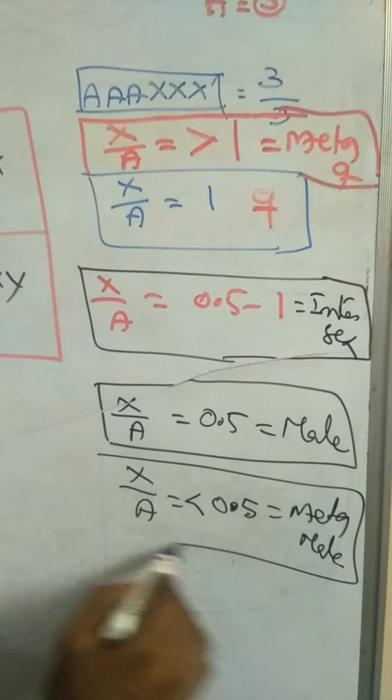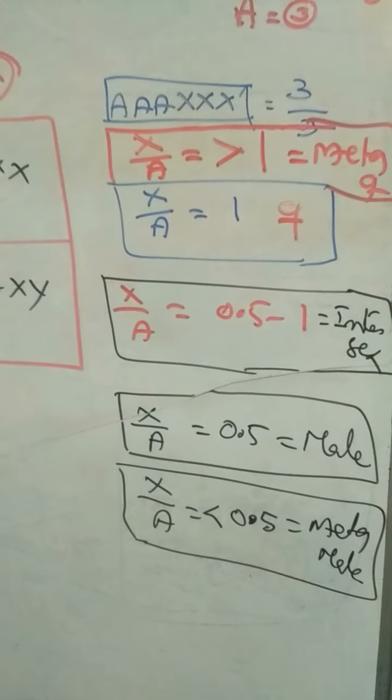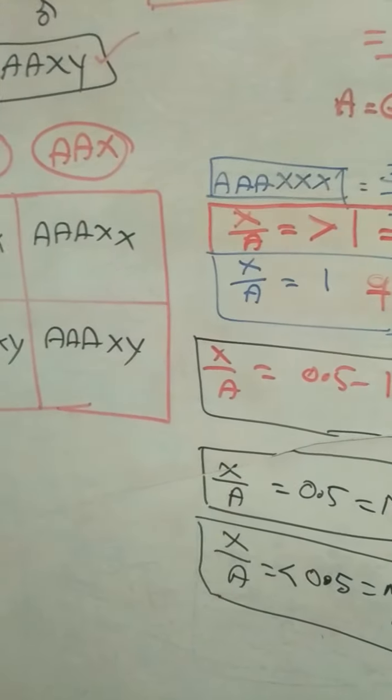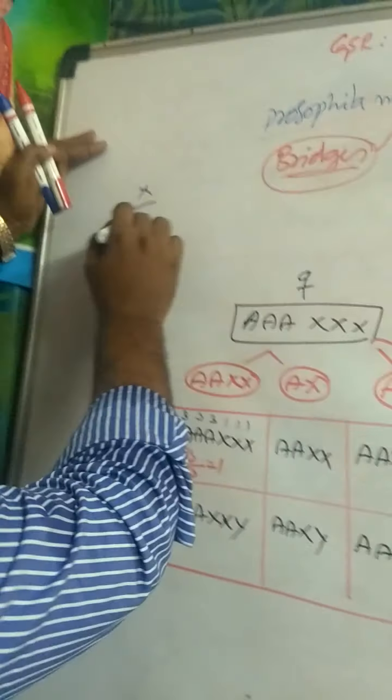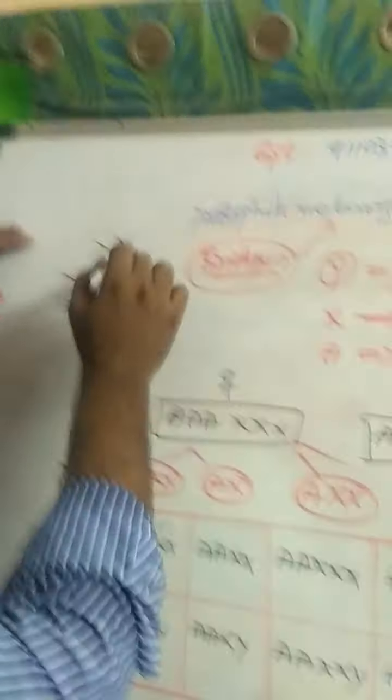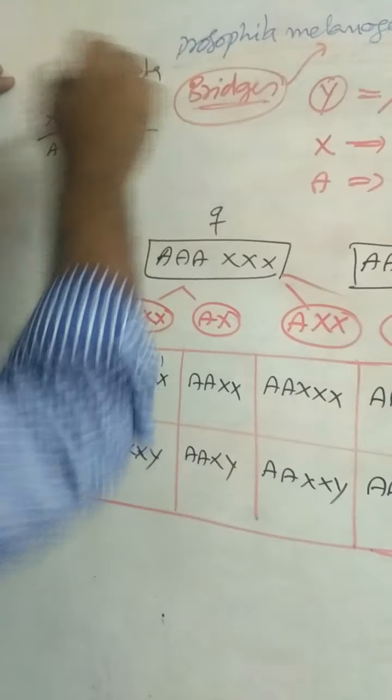So these are the values given by Bridges. If the X by A ratio is equal to 1, that is female. More than 1, meta-female.